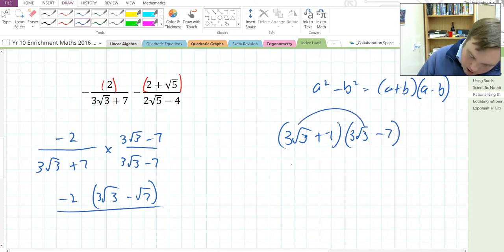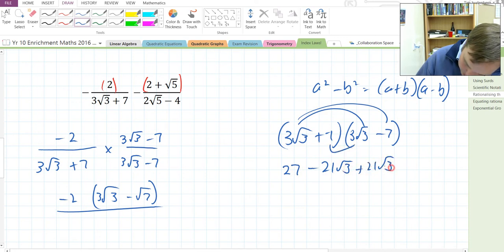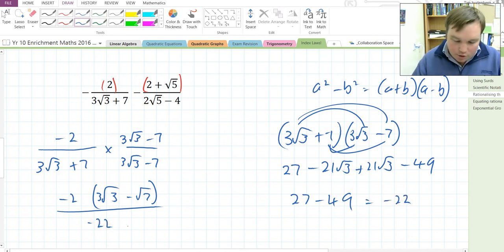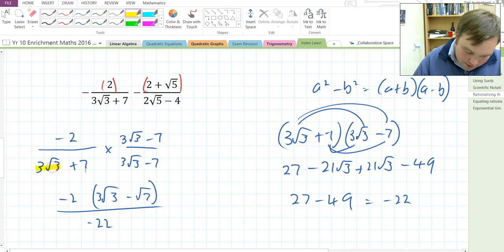That will be 9 times 3 is 27, minus 21 root 3, plus 21 root 3, minus 49. So 27 minus 49 is negative 22. Now, if you were going for a shortcut, you could do that squared, take that squared. It will get you negative 22. And that's what we'll do with the next one.